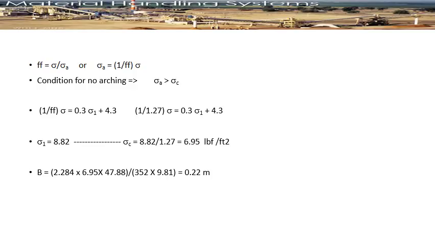Then everything is divided by the density multiplied by 9.81, which is the gravity acceleration. By substituting these values, you find that B is equal to 0.22 meters, which is about 22 centimeters.